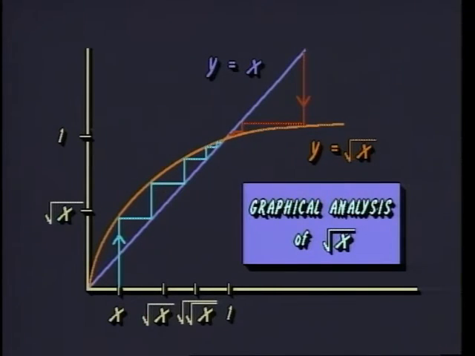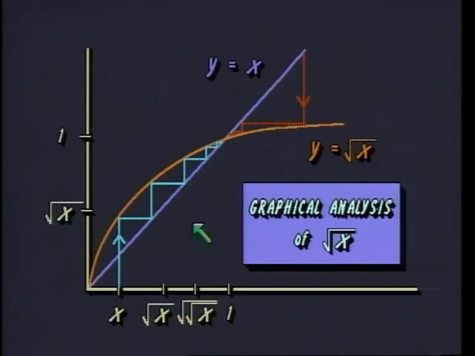Well, to compute the square root of x, what we do is simply draw a vertical line up to the graph of the function. When we reach the graph of the function, the y coordinate of that point is the number, the square root of x. If we now draw a horizontal line over to the diagonal, then we reach the point whose x and y coordinates agree.